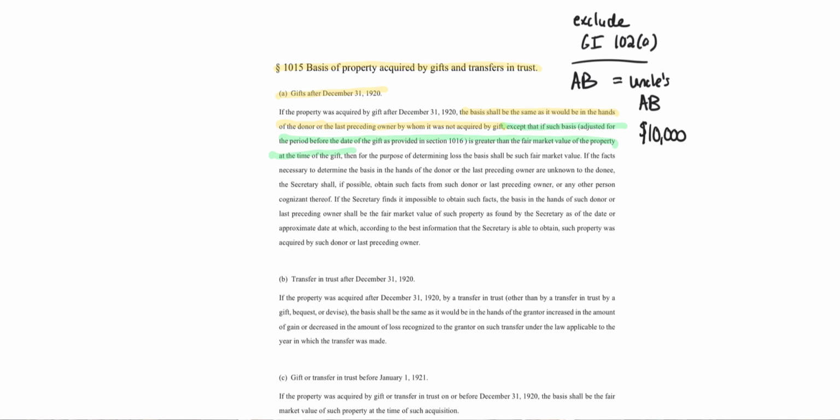So nothing is included in Carol's gross income on her tax return, her 1040, and in terms of keeping track of the basis, Carol's adjusted basis going forward is the uncle's adjusted basis, which was $10,000. So we are done with that problem.